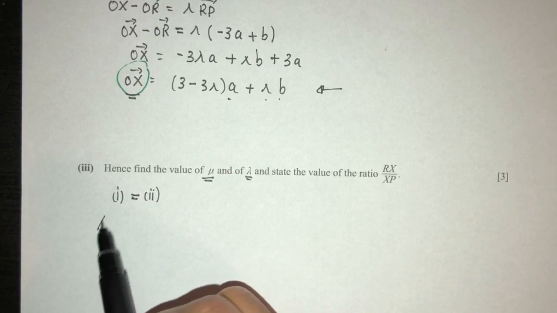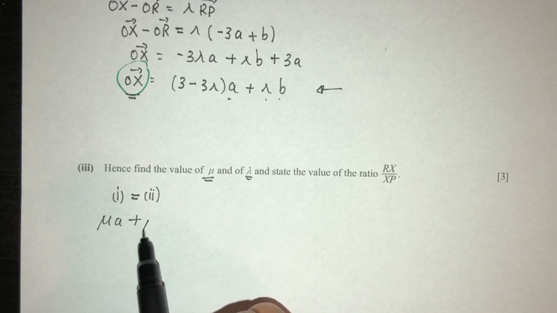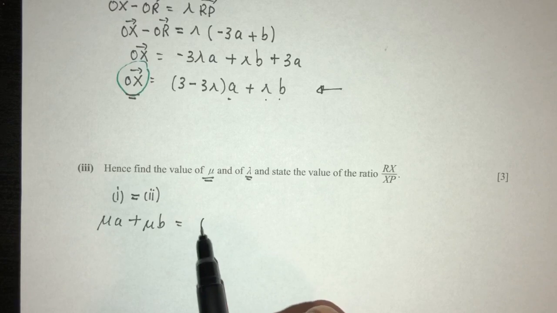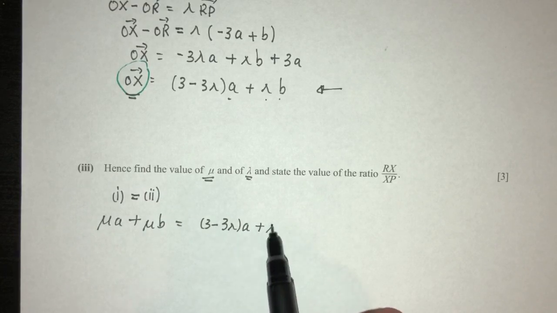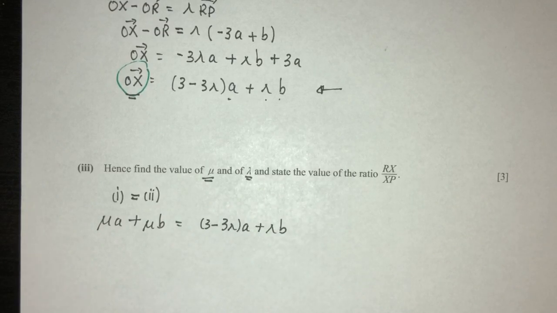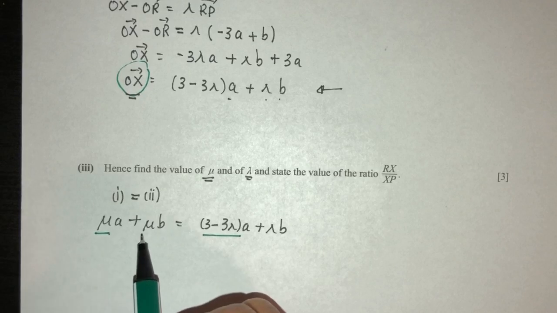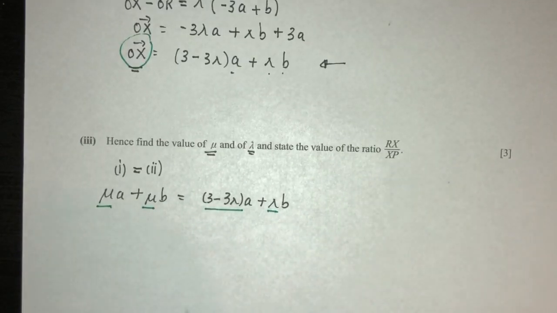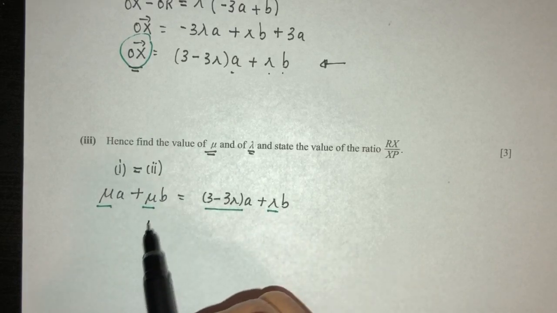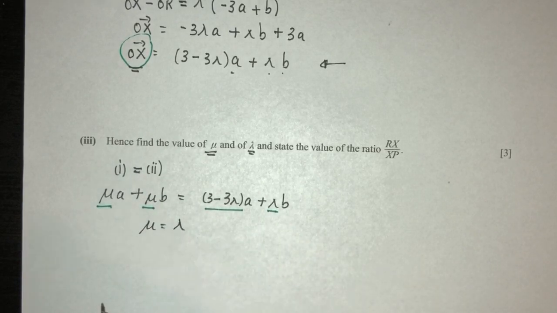Now part 1 is mu A plus mu B, equal to 3 minus 3 lambda, A, for part 2, plus lambda B. Comparing coefficients, mu is equal to lambda.